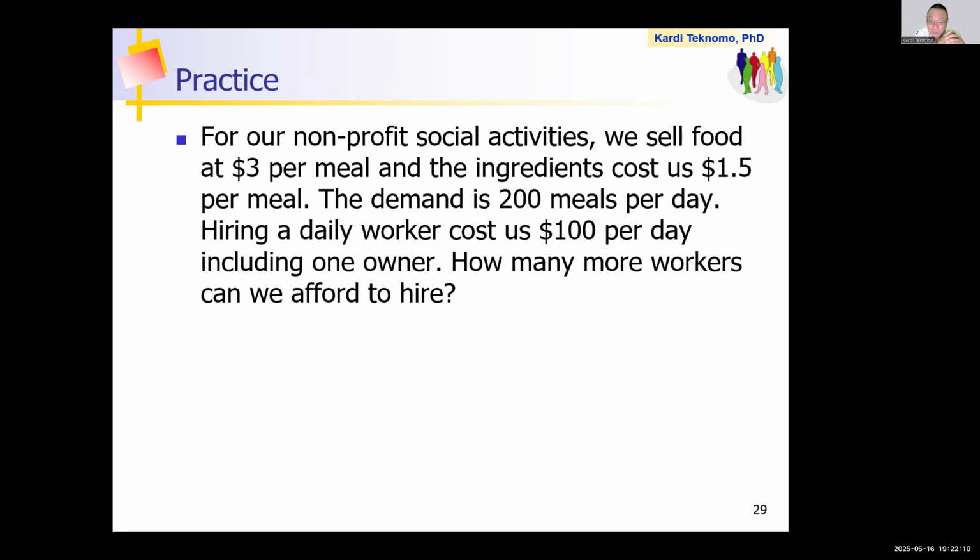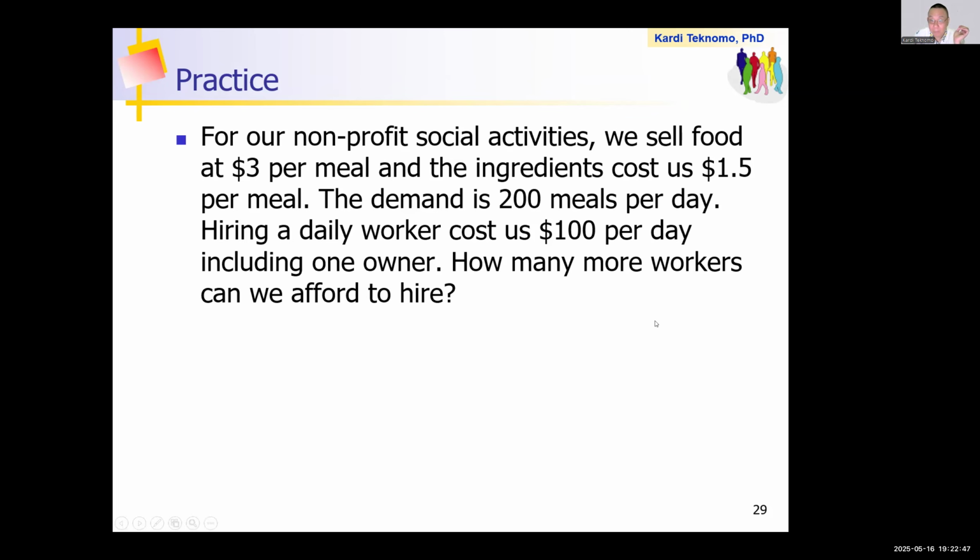Can you calculate the fixed cost? Can you tell me the difficulty in this part? Yes, the fixed cost is 300, that's correct.